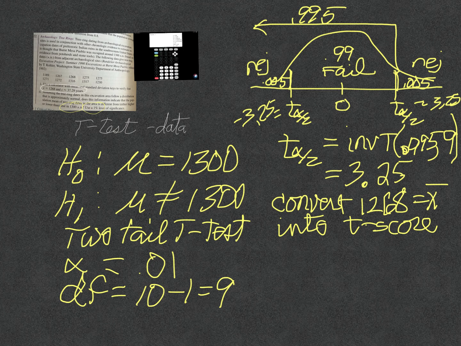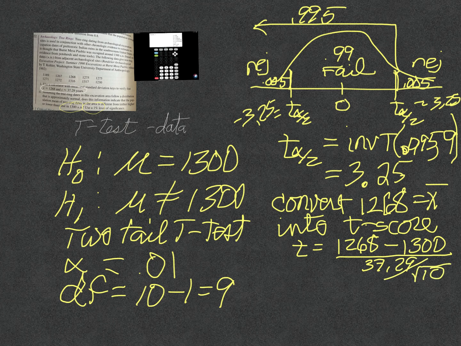This is where we use the formula. So the t would be equal to the sample mean minus the population mean, 1,300, divided by the standard deviation, which was 37.29, divided by the square root of the sample size.